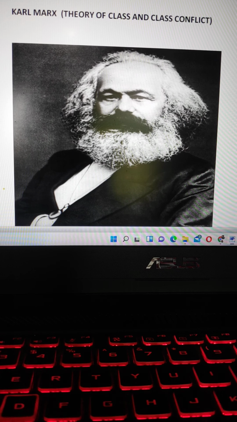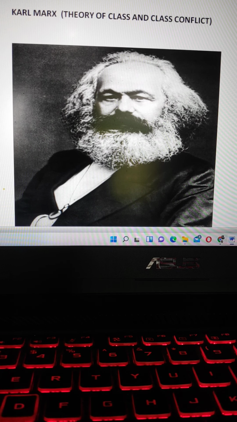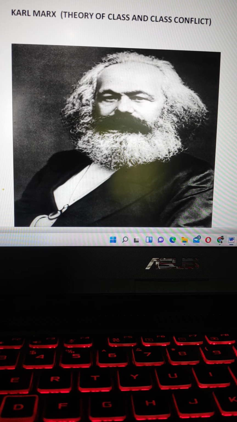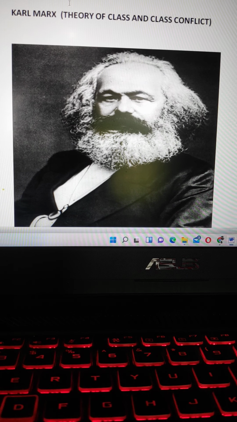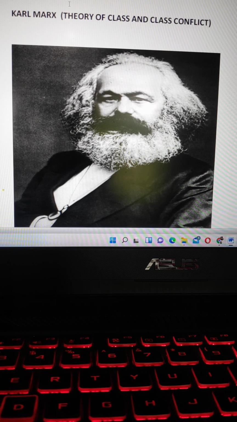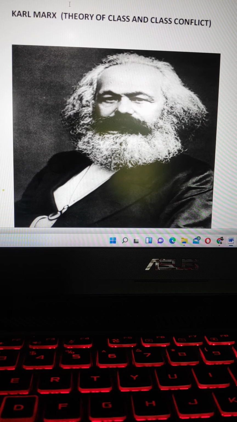Fifth, establishment of political organization resulting from the economic structure, historical situations and maturation of class consciousness. These are the 5 variables as per Marxian principle.